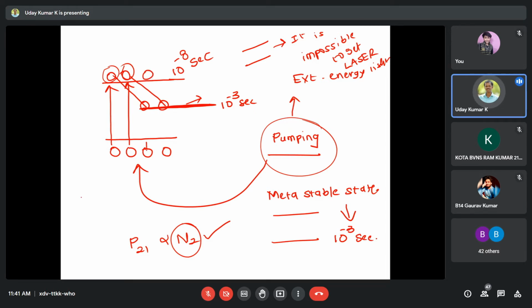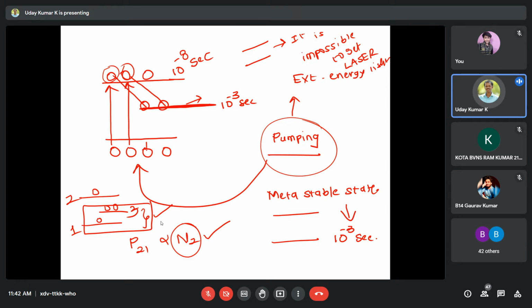Now how is it distributed? 1 is in the higher level, 2 are in the metastable state, and 1 more is in the ground state. Now between the third level and the first, population inversion is achieved for some fraction of a second, for a time delta t, isn't it right?